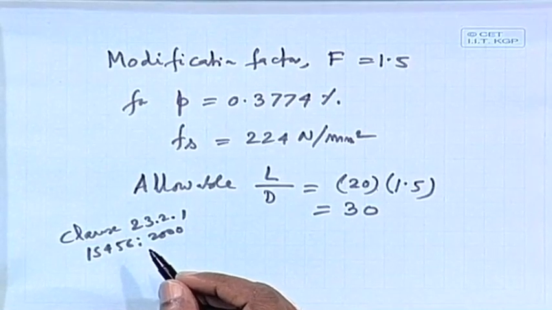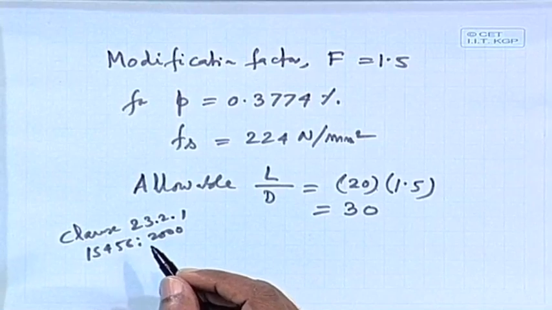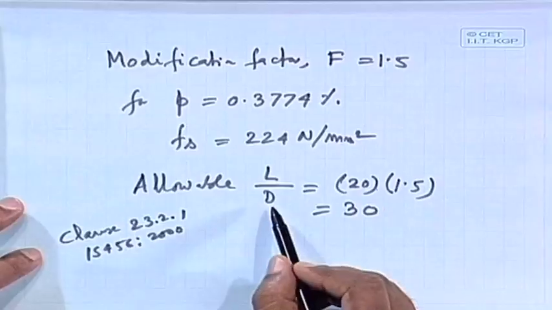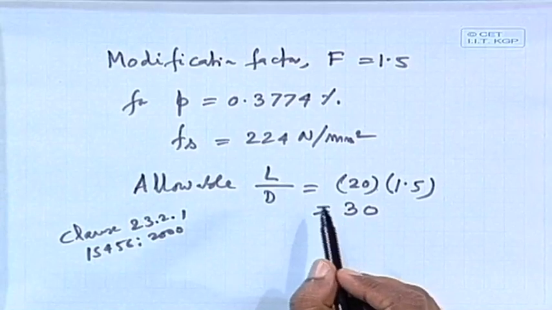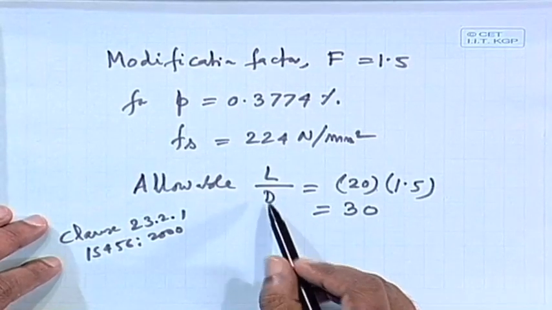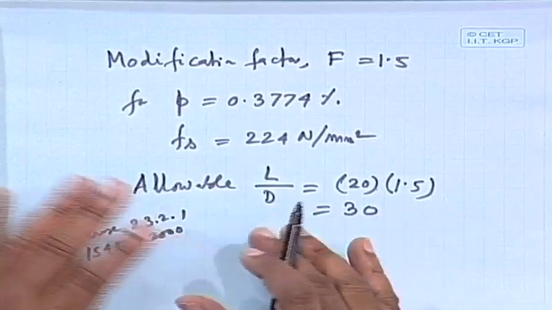This is a little bit confusing. Somewhere it is writing span to depth ratios, somewhere span to effective depth, and the other part is writing span to overall depth ratios. But anyway, we shall take it to be on the safer side. If you take effective depth, we shall get one value; if you take overall depth, we shall get another value. So, in our case at least we should be satisfied with the one that satisfies all of them.